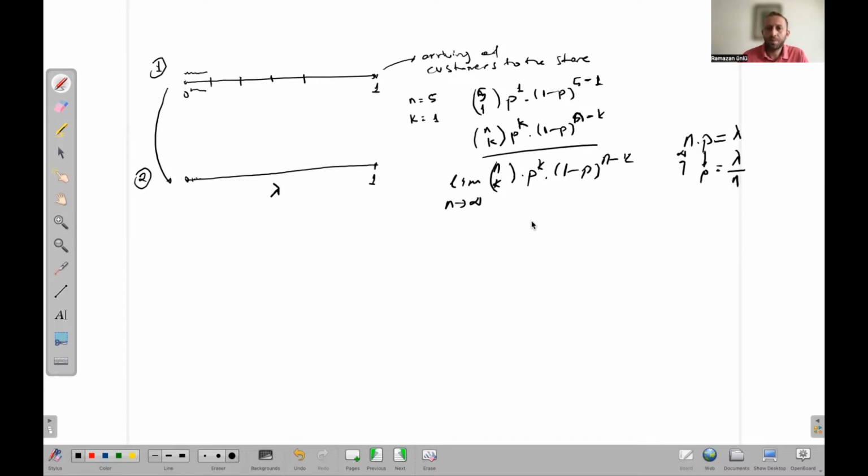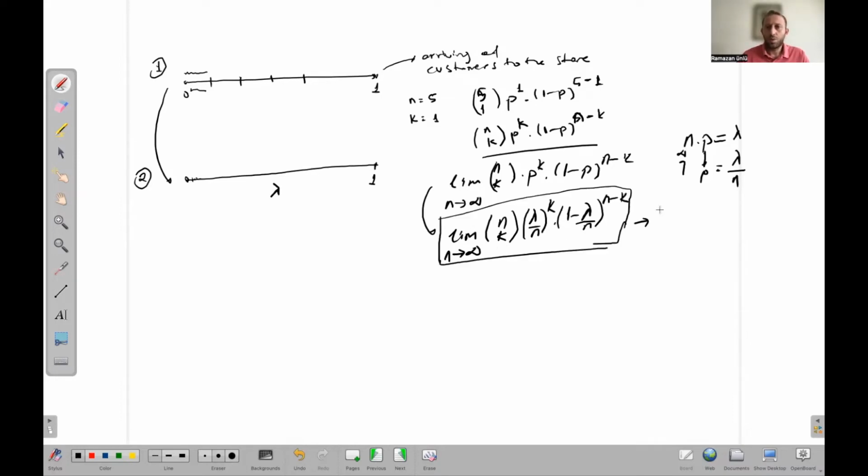Let's rewrite this: the limit as n goes to infinity of n choose k, times lambda over n to the k, times 1 minus lambda over n to the n minus k.